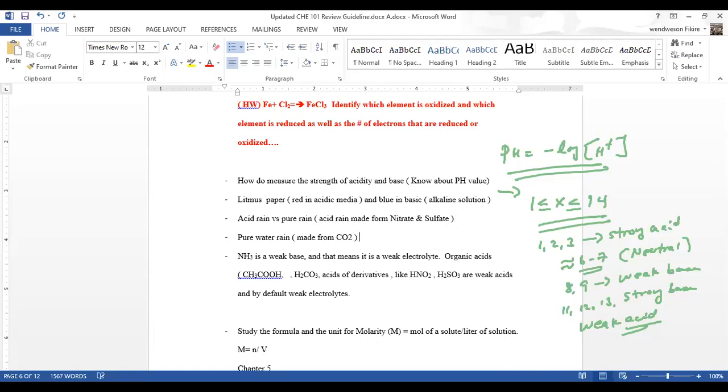Carbon dioxide reacts with water and we get carbonic acid. Acid rain made from nitrate and sulfate will give you nitric acid and sulfuric acid. This is something we covered in the lecture.